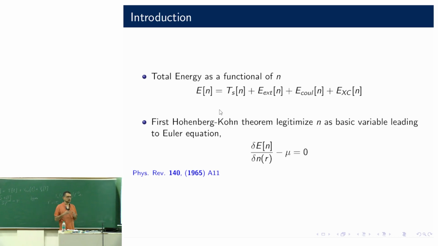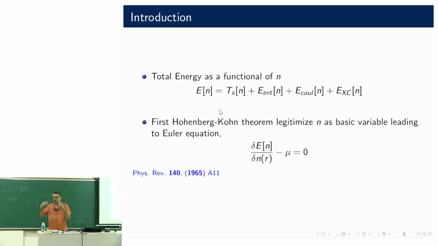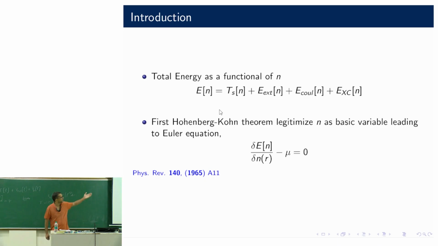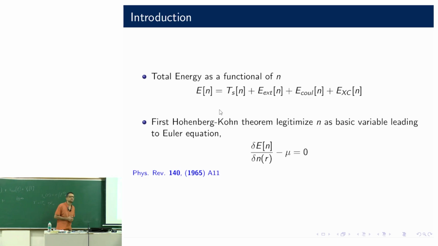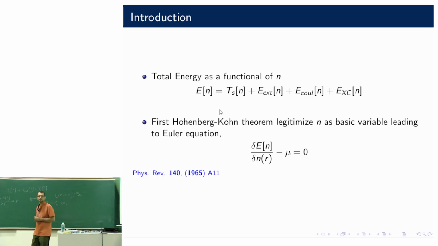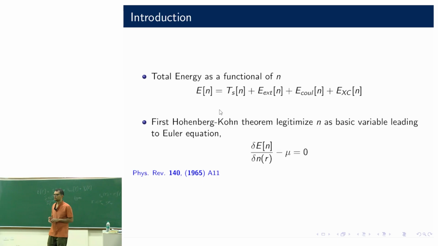Before we go further, one question that I want to ask, because you might have now experienced Kohn-Sham a lot in discussions. You have your Kohn-Sham theory, that is this equation, and you have Hartree-Fock theory. What is the difference between these two? Kohn-Sham is based upon density. Let me write it down here.